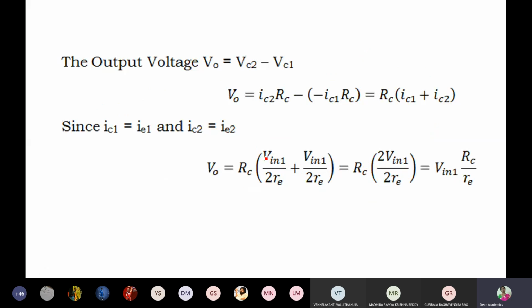Now let us move a little forward. The output voltage V0 is equal to VC2 minus VC1. VC2 is IC2 RC, and VC1, if you observe the previous circuit, will be minus IC1 RC. I'll show you what VC1 is.